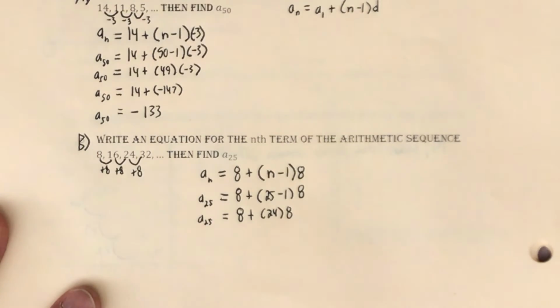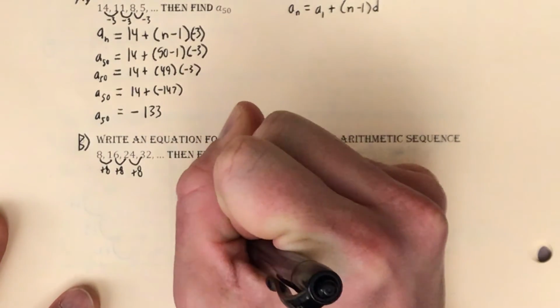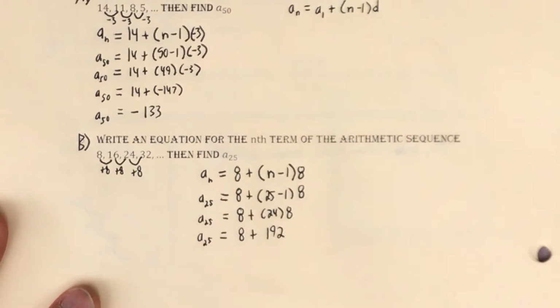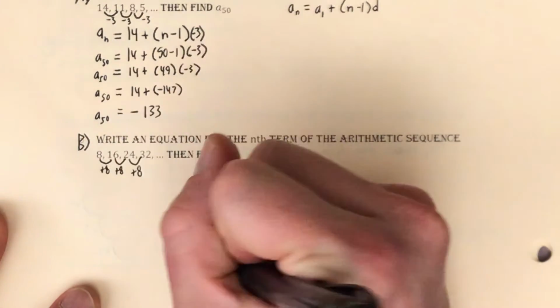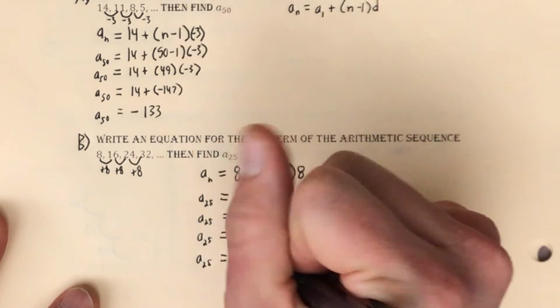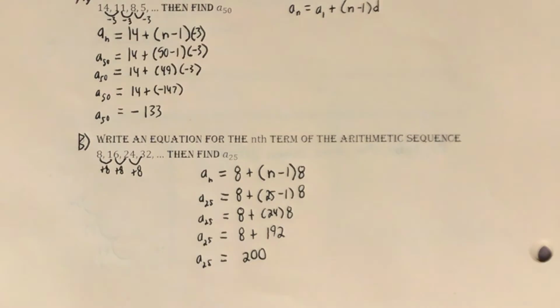And if we do that math really quickly, either in our head or on our paper, we find that 24 times 8 is 192. So a of 25 equals 8 plus 192. And then the last thing I need to do to simplify this down is add 8 plus 192. So a of 25, the 25th term, is equal to 200. So the 25th term is equal to 200.